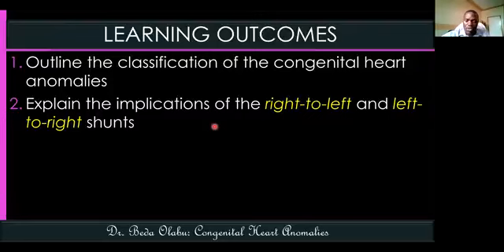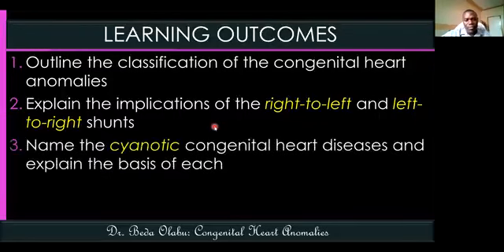Those are some of the terminologies we use when we classify congenital heart diseases. From a clinical point of view, there's some congenital heart diseases that present with cyanosis. So we're going to see which ones are these that we call cyanotic congenital heart diseases because they present with cyanosis at the time of birth. And we're going to see why do they really present with the cyanosis.